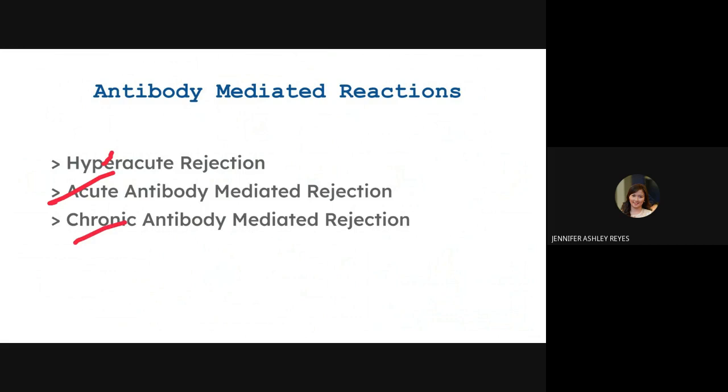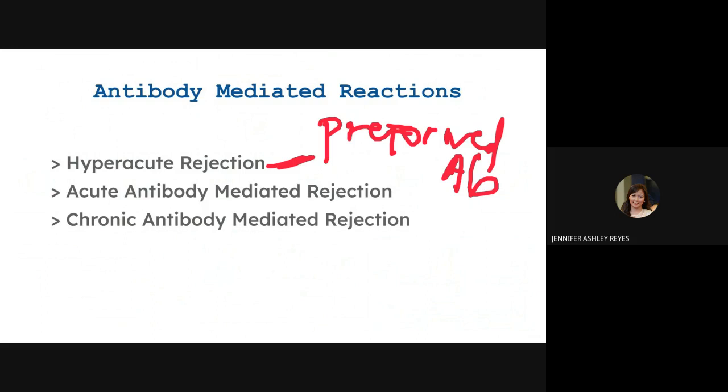So medyo straightforward lang to. So your antibody-mediated reactions will take three forms. So hyperacute rejection, preformed antibodies. So meron ka ng antibody, for example, nakatanggap ka ng kidney ng brother mo. Tapos meron siyang antigens.